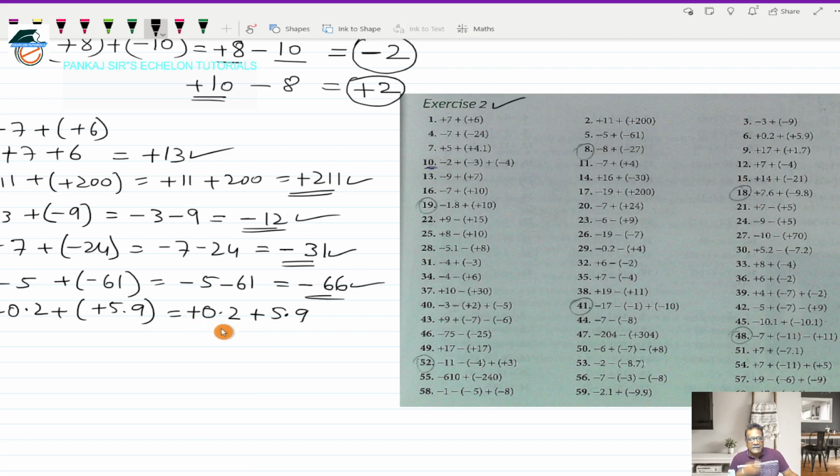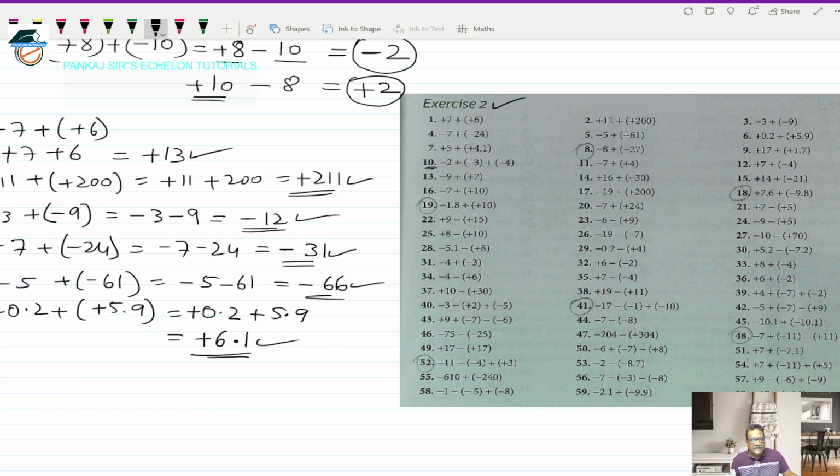Now these are not integers, but they are decimal numbers. Okay, but it works for decimal numbers as well. So both have the same sign, so you'll put that sign plus over here. Then you'll just add up these two numbers, 5.9 and 0.2. So 9 plus 2 is 11, 1 carried, 6. So the answer will be plus 6.1.